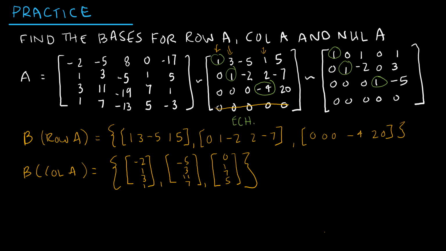And remember, the null space of A does require a little bit more because I'm looking at each row that's not all zeros here and saying x1, so my free variables are x3 and x5.